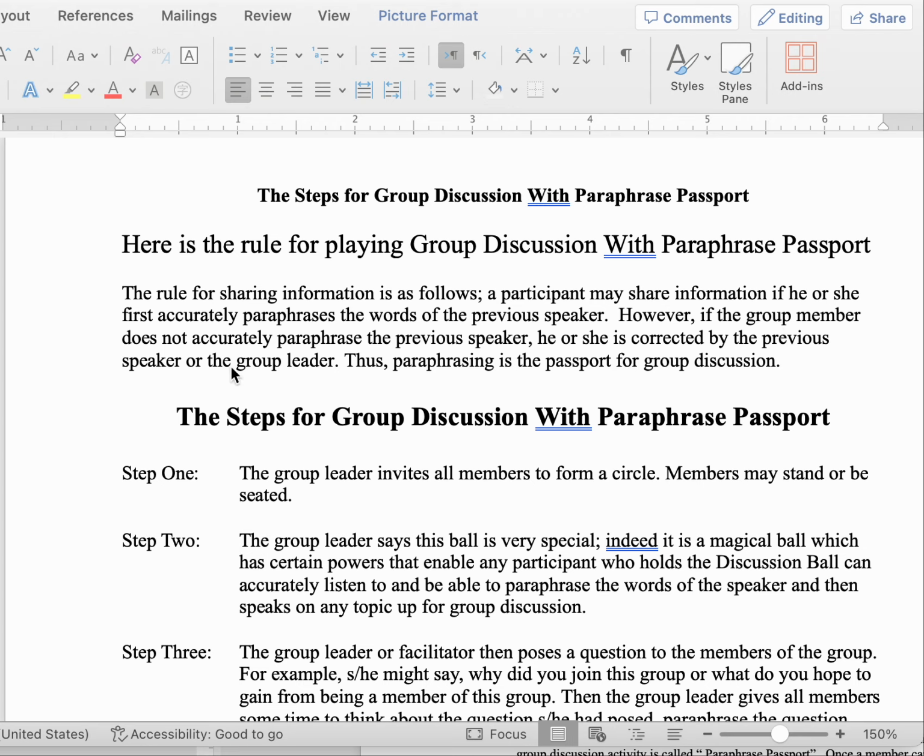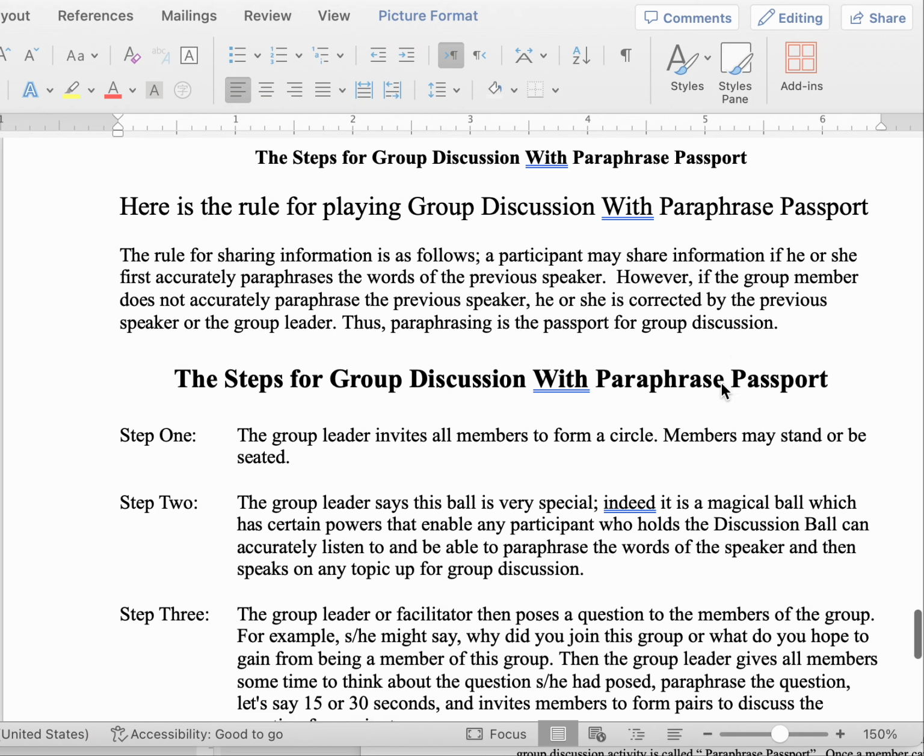However, if the group member does not accurately paraphrase the previous speaker's words or thoughts, he or she is corrected by that previous speaker or the group leader. Thus, paraphrasing, or saying in your own words, is the passport for group discussion.